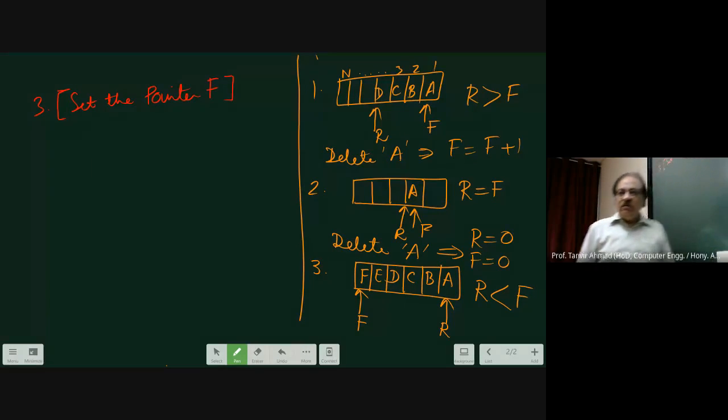Now can anyone answer that when you will get this scenario? Is this correct, or is it wrong? Okay, tell me, does it look correct?